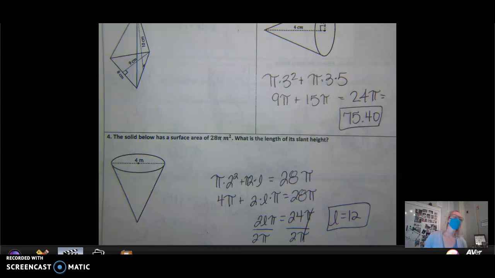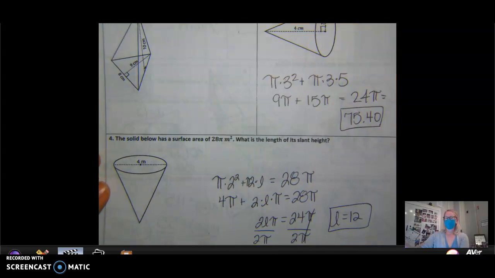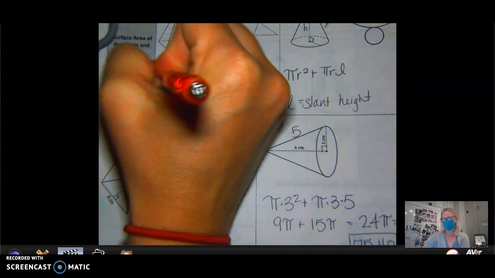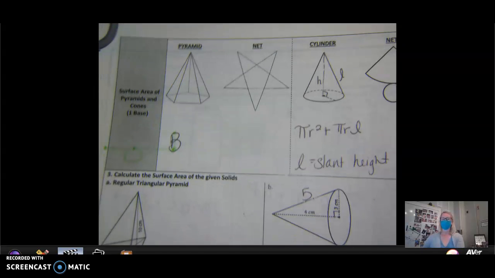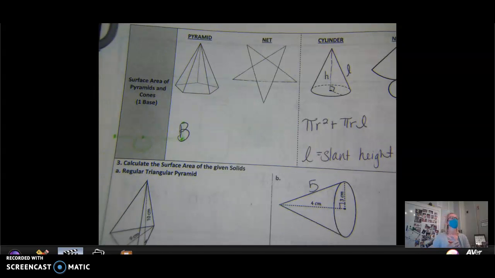Okay, pyramid. Here's how you find the area of a pyramid. Okay, so what you're going to do is you are going to find the area of the base. So that's my capital B, area of the base. So whatever figure it is, you have to find the area of that. You have to refer back to 2 sections ago to find area of polygons. Okay?